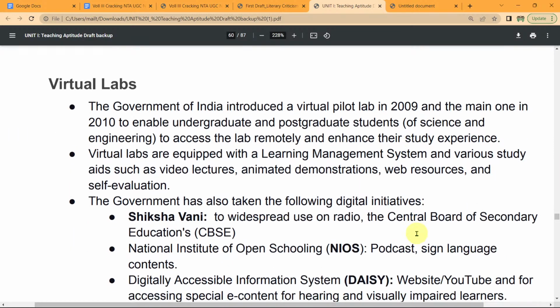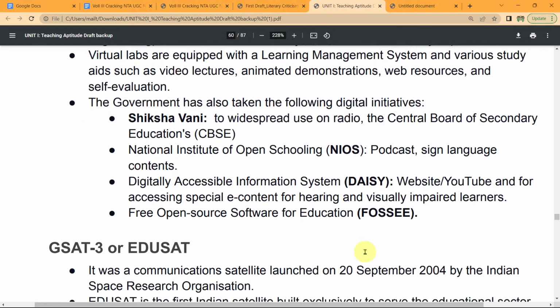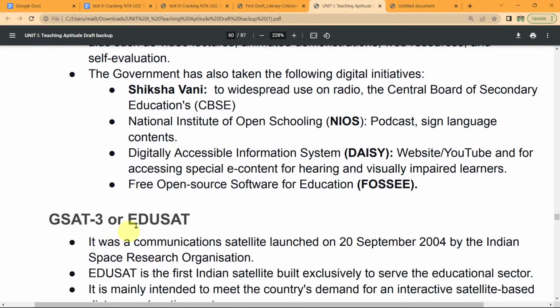Got it? Some of the digital initiatives are Shikshavani, which is available on radio, the Central Board of Secondary Education, CBSE, National Institute of Open Schooling, NIOS, Digital Accessible Information System, DAISY, and Free and Open Source Software, FOSS. Got it? GSAT, very important.